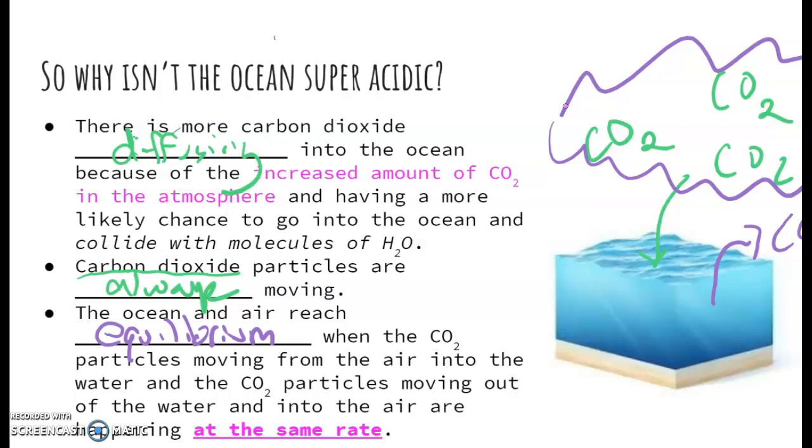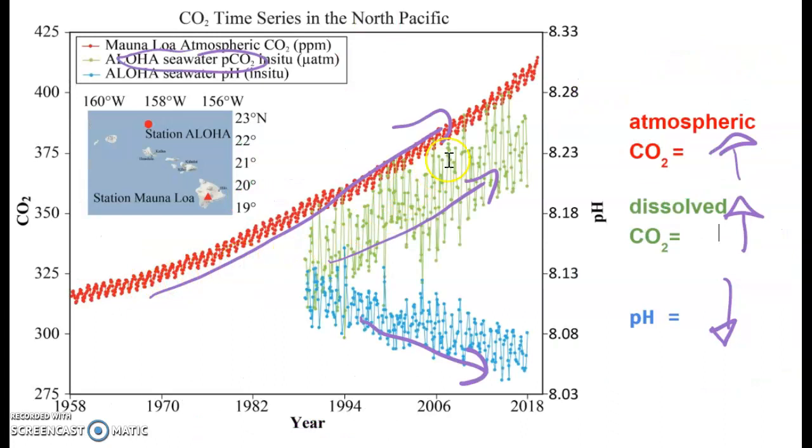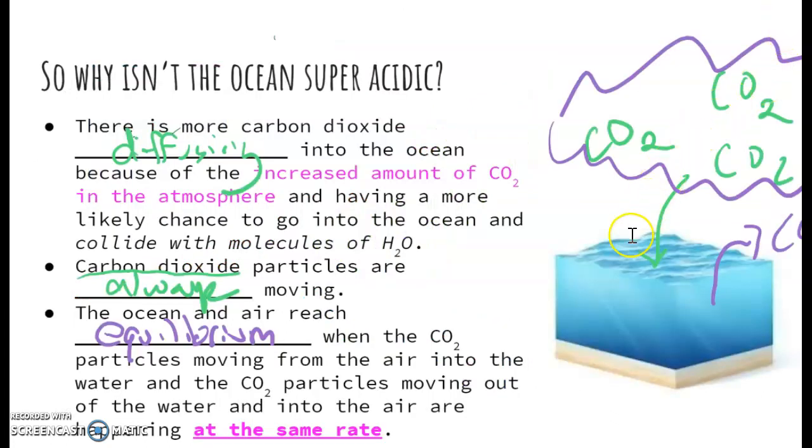That's why we saw in graph number 2 that we're increasing our atmospheric carbon dioxide. So that means there's more CO2 going into the ocean, which is still making it acidic. It's not super acidic because of this thing, equilibrium, which is also sending CO2 out. But we are still making our oceans acidic.